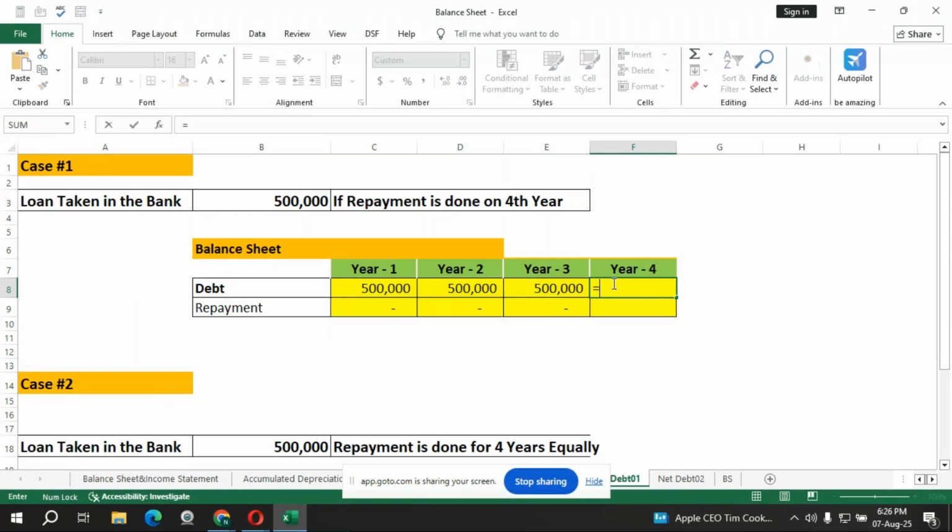So it equals 5 lakhs minus 5 lakhs, and repayment was done in the last year, so the repayment equals 5 lakhs. That's it. It's a very simple problem. So if repayment was done in the fourth year, this is how you're going to present your data. So kindly complete the table.